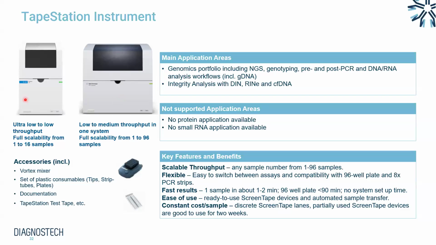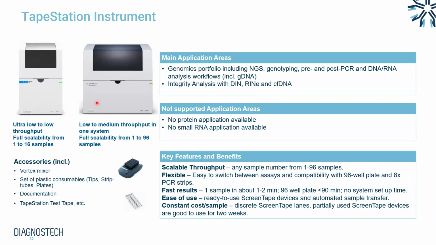So the 4150 can process 1 to 16 samples at a time, and the 4200 can process 1 to 96 samples at a time. So these instruments are mainly used for NGS QC. It allows us to interrogate the integrity of our samples, and it gives us different integrity scores.